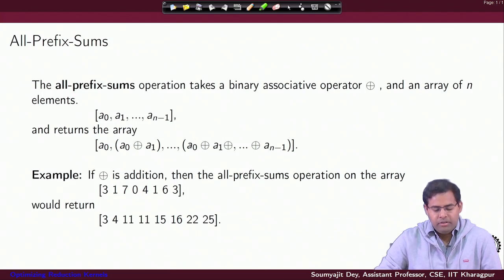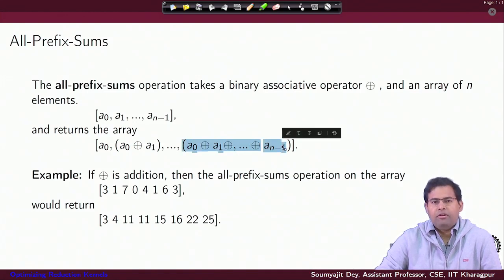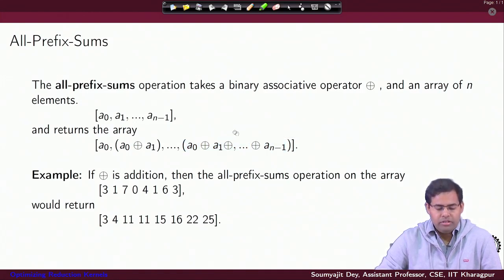Given the operator, assuming that it's a simple addition, it can be any other associative operator, you are interested only in this expression. But now we are saying that no, I also want the other prefixes being operated like this.